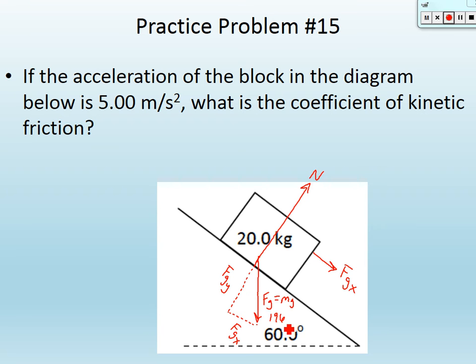Okay. If this ramp has an angle of 60 degrees, we know that this angle up here is 60 degrees. So now we can use our trig functions. This one is adjacent, so I'm going to use cosine of 60 is equal to FGY.